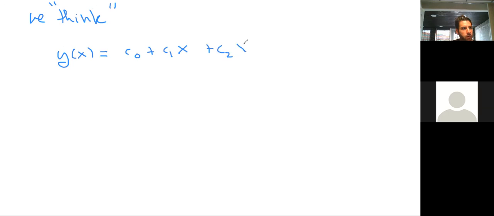We know each of our coefficients, at least we think we know them. And so we think that y is a function of x, and it starts with c sub 0 plus c sub 1 x plus c sub 2 x squared plus c sub 3 x cubed, dot, dot, dot. But we know what these things are.